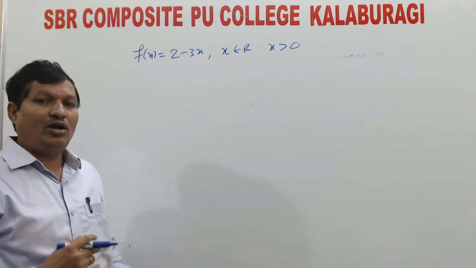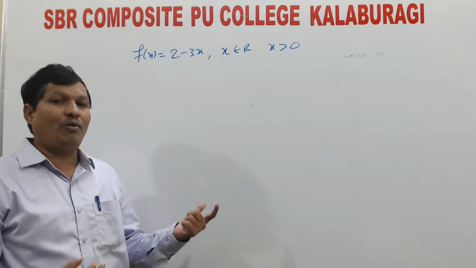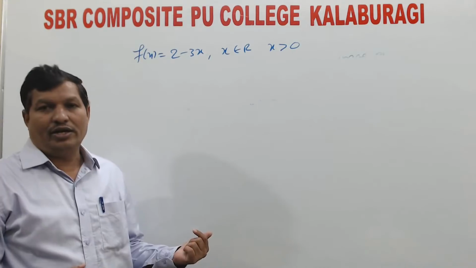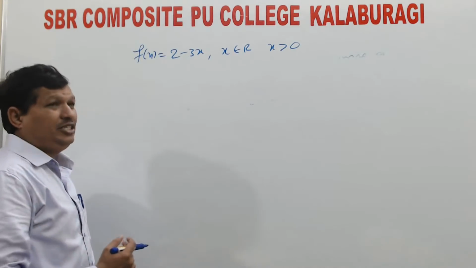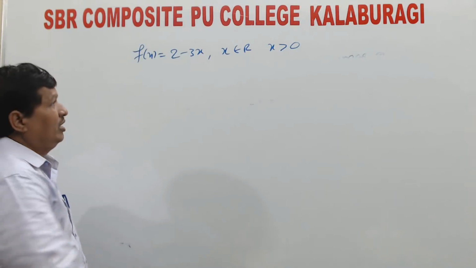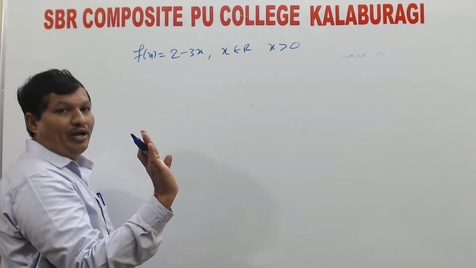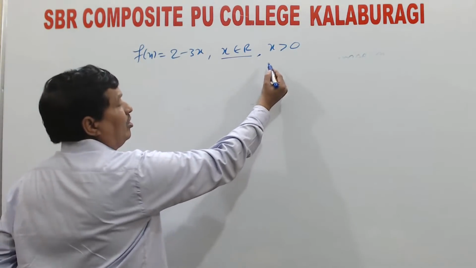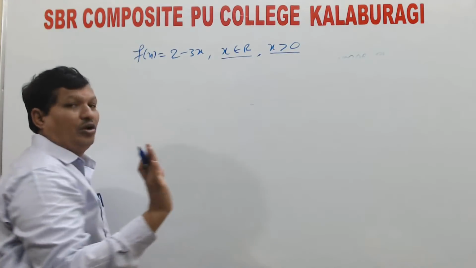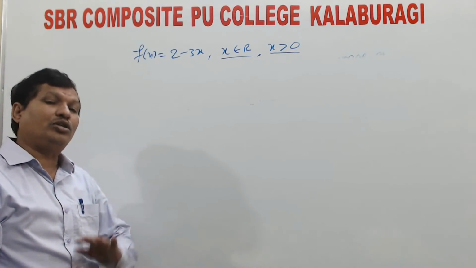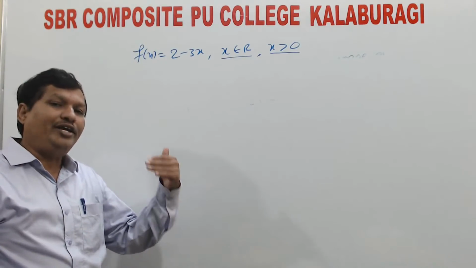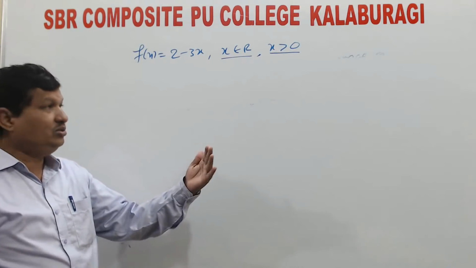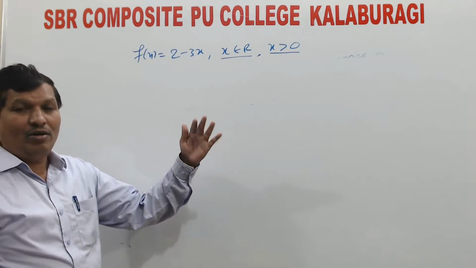See, first if you want to find the range, it depends upon the domain, because the range depends upon the images, which depend upon the elements from the domain. Therefore, what is the domain here? Again, x values give the domain. What are the x values? x is a real number, comma, one more condition given. x is greater than 0, not greater than or equal to 0. Greater than 0 means 0.1, 0.2, 0.3, 0.4, all numbers. x values more than 0, real numbers more than 0.